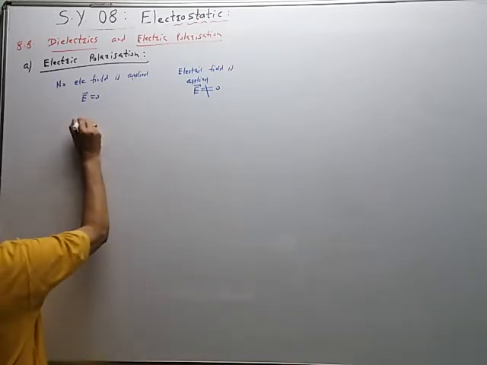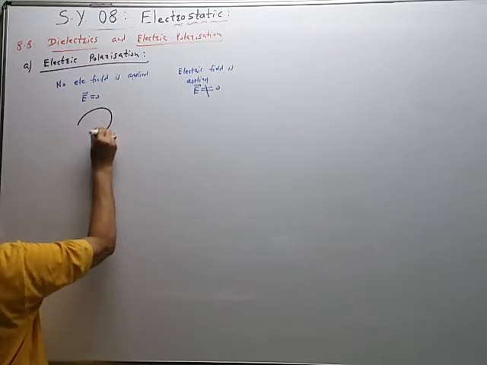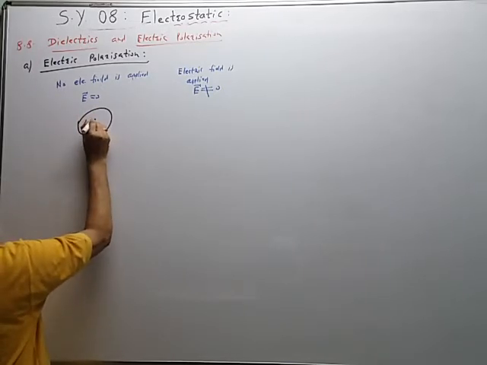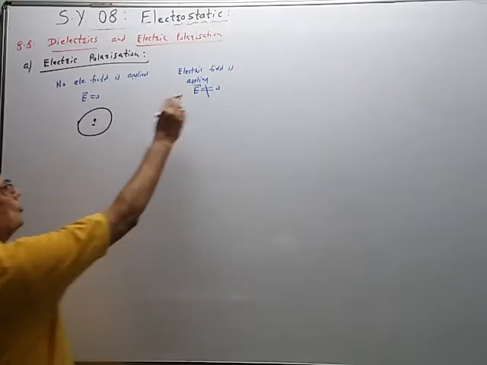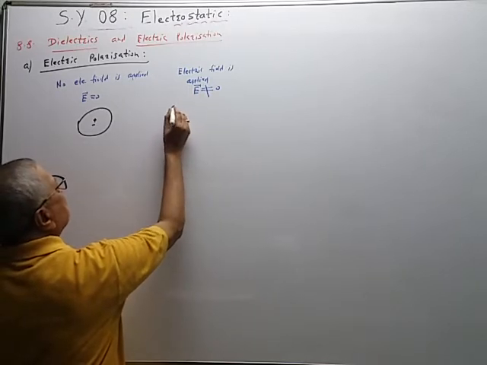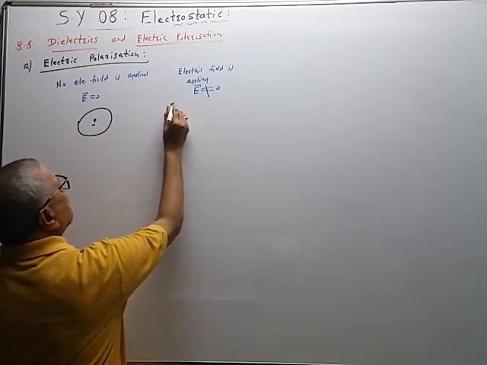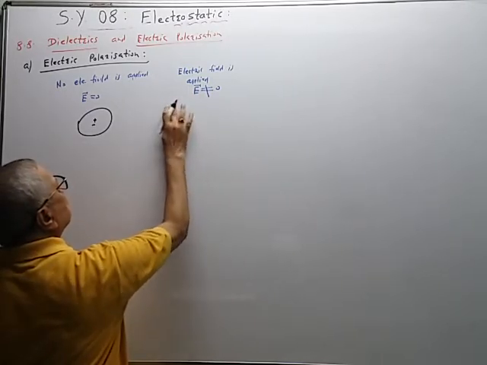For example, if we consider a molecule, then inside it the positive and negative charges, positive charges due to the proton and negative charges due to the electron, they superimpose, they coincide with each other. Now, when electric field is applied, what will happen? Electric field produces force.